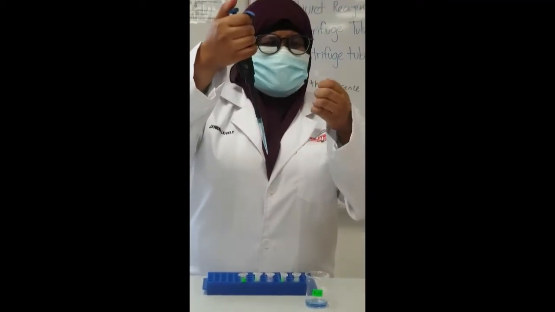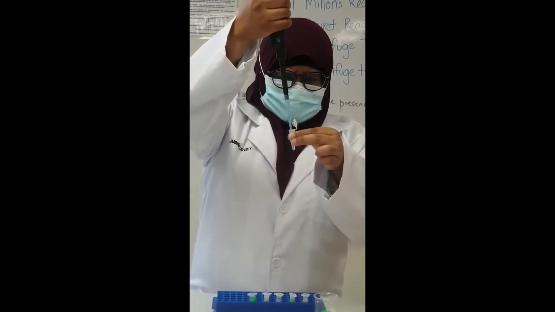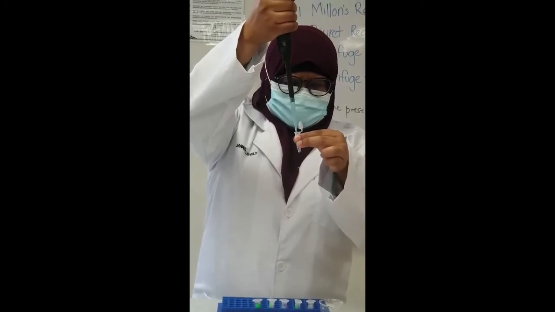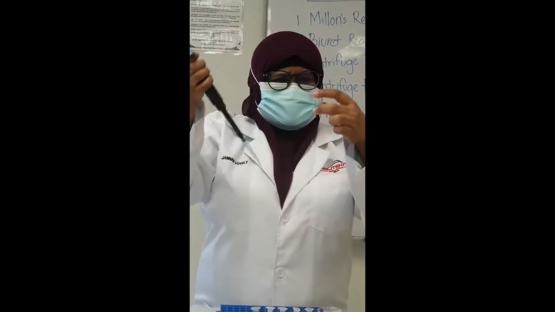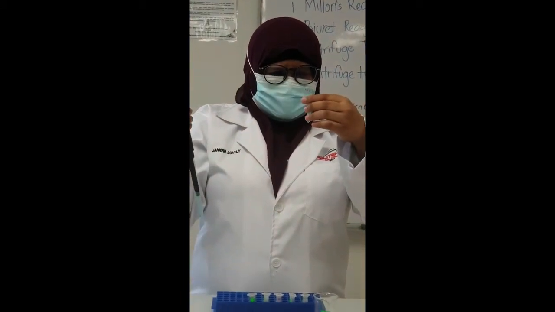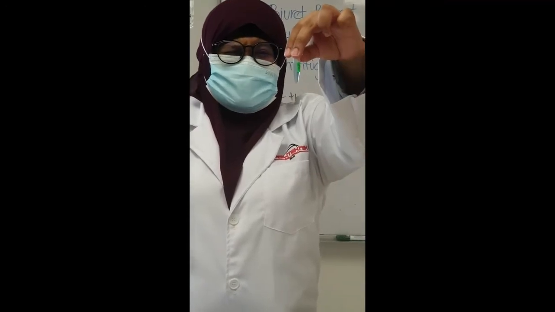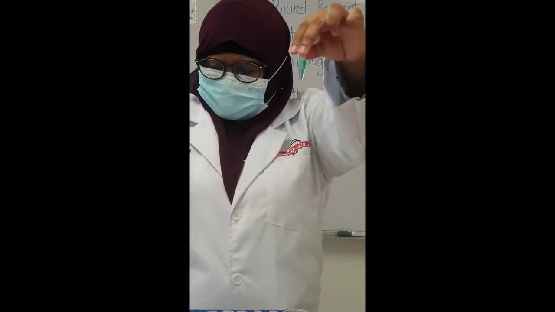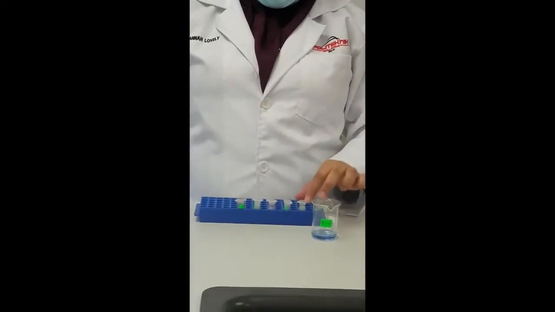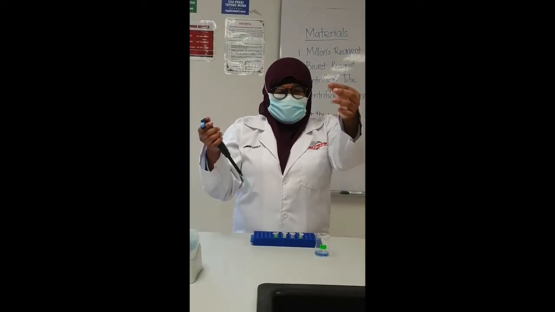This is 1% glucose. So this is the color after I have added 0.5 ml of Biuret reagent. Next, I will add 0.5 ml of Biuret reagent into 1% sucrose.